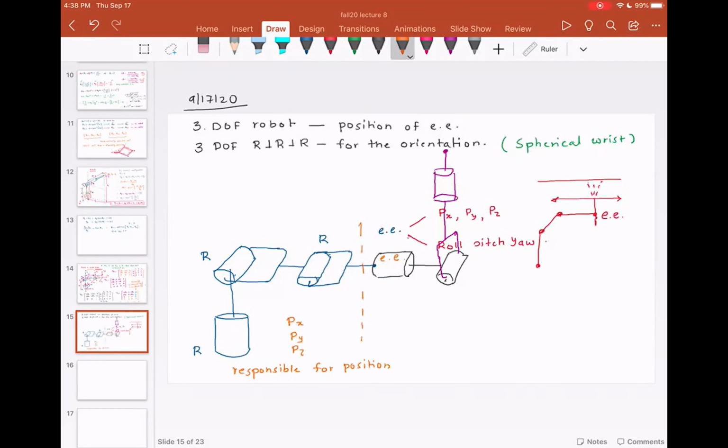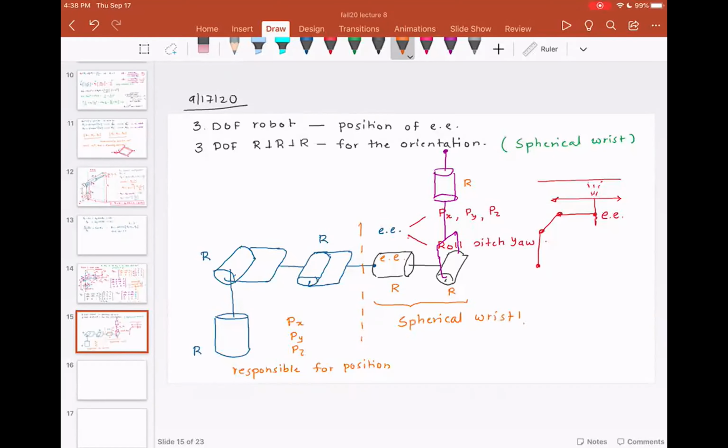And imagine these last 3 joints are sort of on top of each other, which means the relative distance between them is negligible. So think about it like these 3 joints are on top of each other. So this is called a spherical wrist. And the sole purpose of the spherical wrist is to orient the wrist in the orientation that we want.